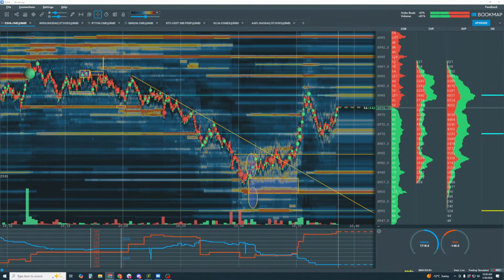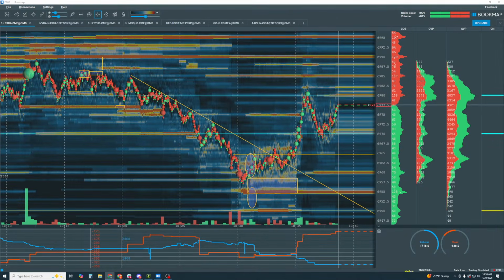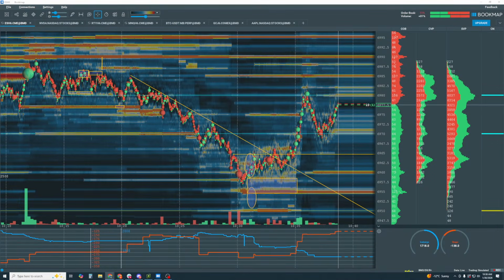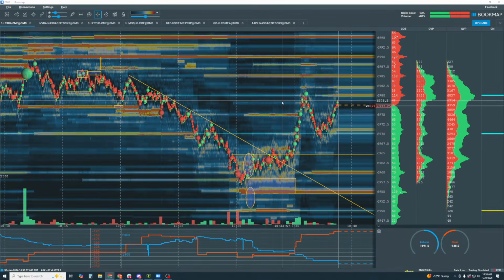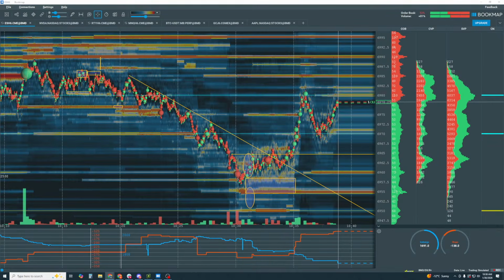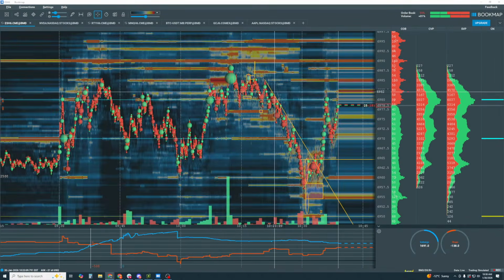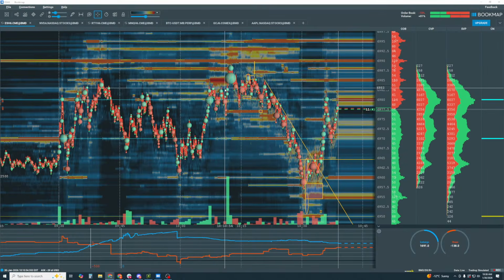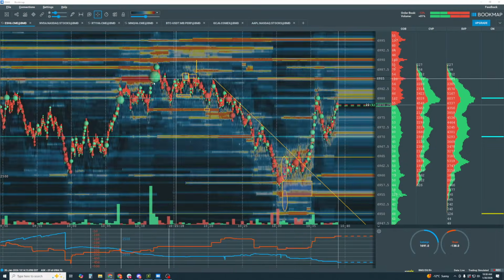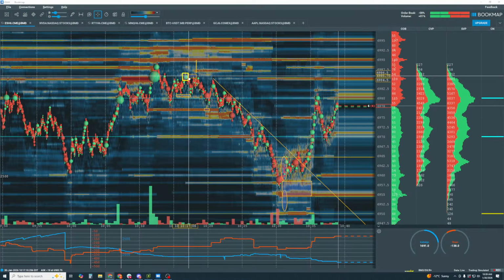The VIX, we saw a little spike up to about 20 yesterday, but we're right back down now. So it's a pretty mixed bag out there. That is why we're not buying breakouts. We're going to wait for pullbacks and then maybe buy the breakout.